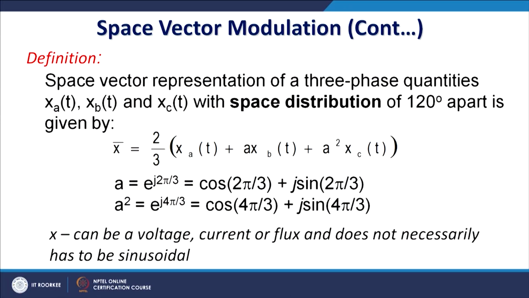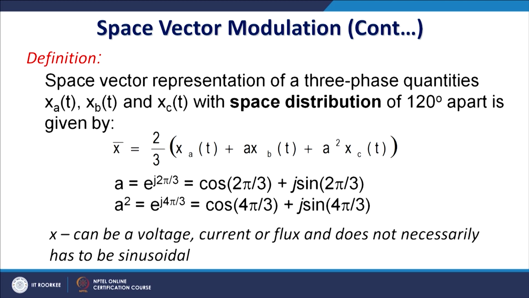Okay. So, what is the definition of it? Space vector essentially represents three-phase quantities. Let us consider a current or voltage, which we mostly represent by XA, XB and XC, and we can see that X average is a summation of 2/3 of XA plus XB times a plus XC times a squared, where a is e to the power j 2 pi by 3.